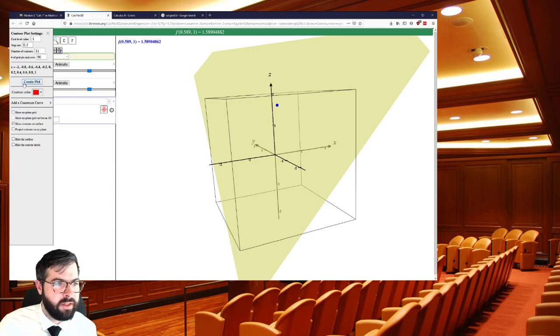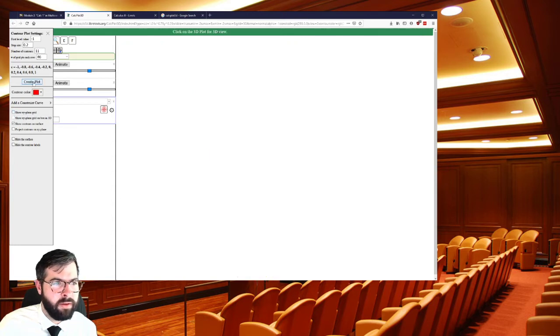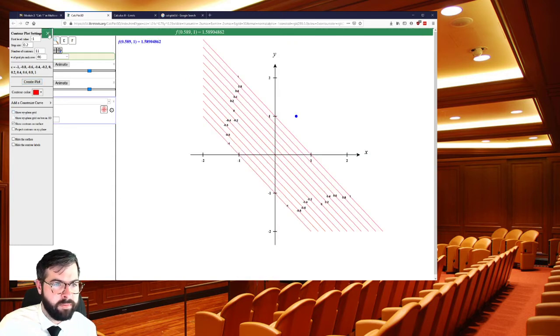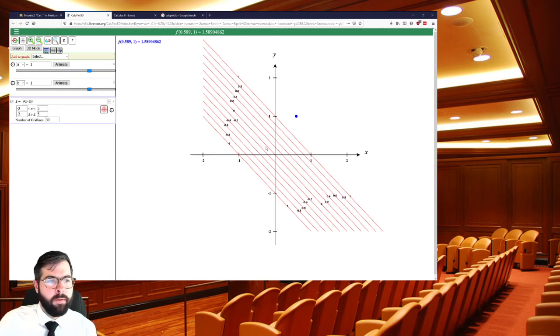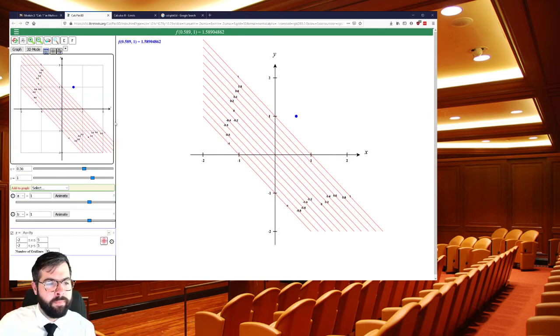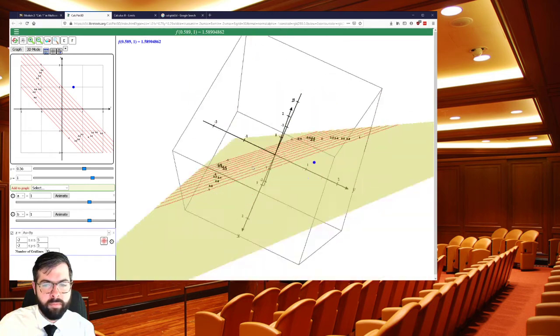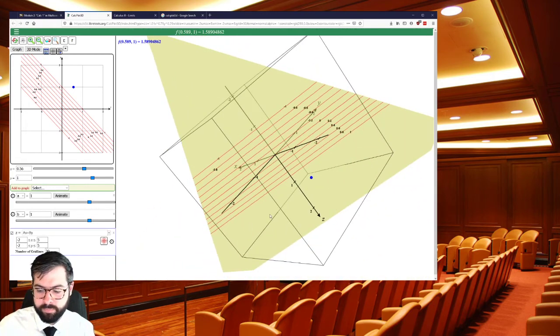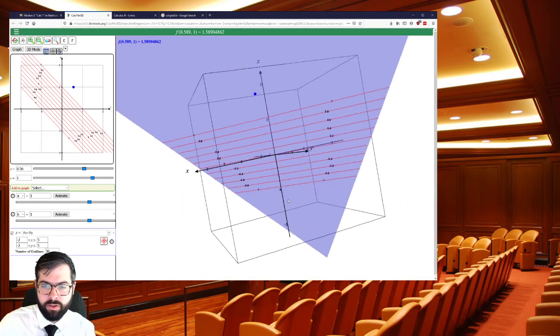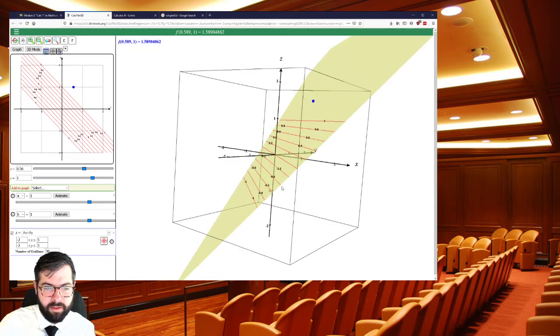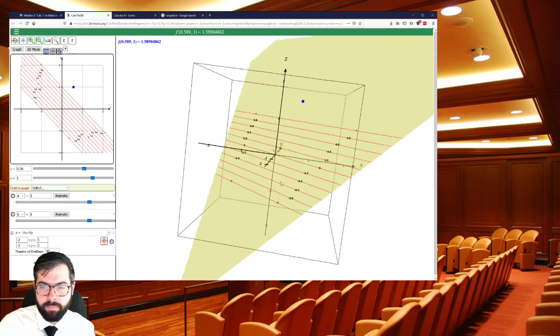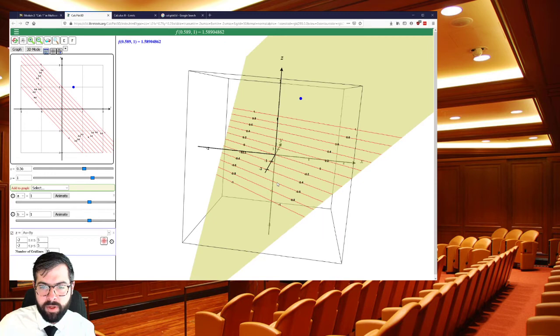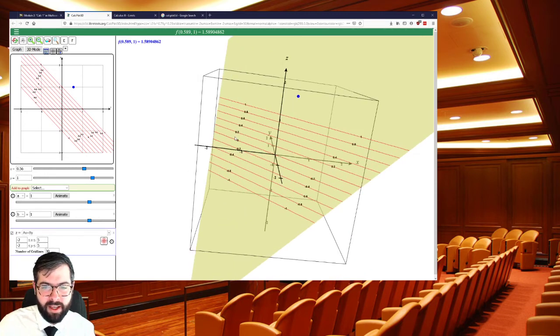Forget where that setting is. Oh, create plot. There it is. Oh, getting dizzy. So if this were the plane z equals 1x plus 1y, we can see how setting z to a fixed height would create a perfectly straight line. And if those were evenly spaced out, they'd be parallel and moving out in this kind of equally spaced fashion.